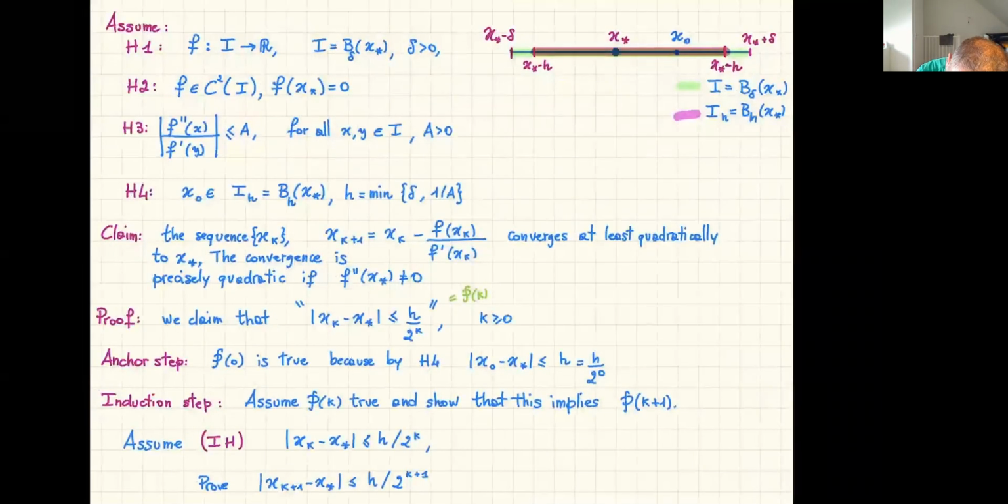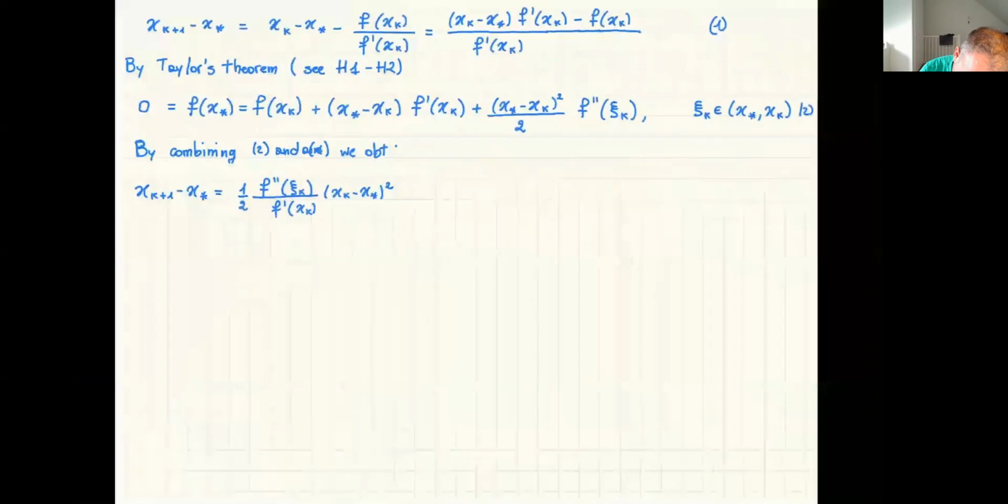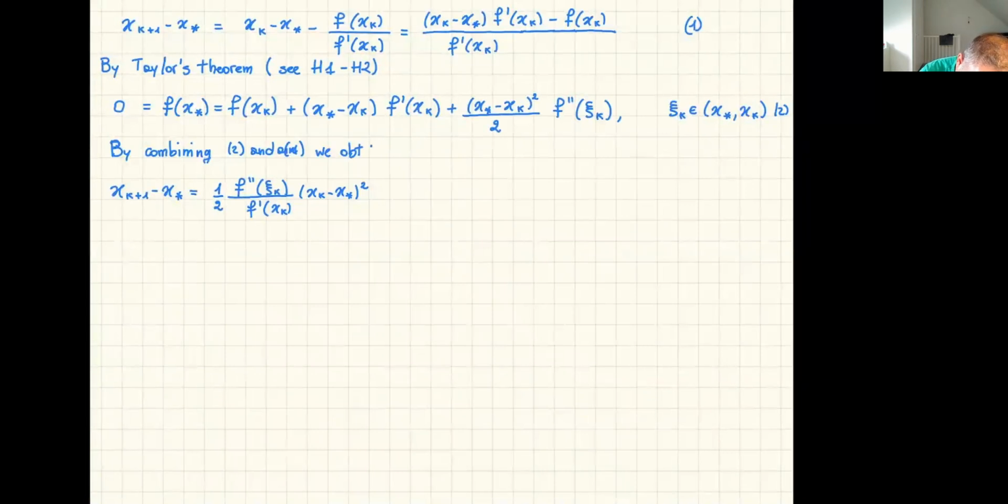Now I'm in good shape and I can start. Remember what I'm trying to show, because you might have lost track by now. We are in the middle of an induction step. We'll have to use the induction hypothesis, and we want to show that this is less than h divided by 2 to the k plus 1. So how do I do that? To start off, I will put an absolute value here. And I'm going to start using all the ingredients that I have. First, I want to use hypothesis 3.